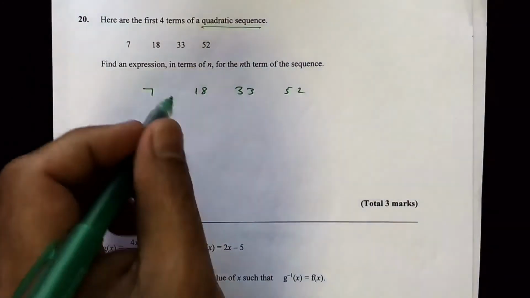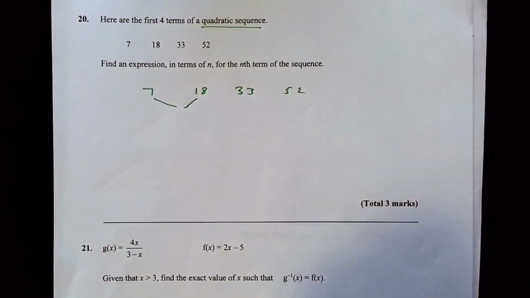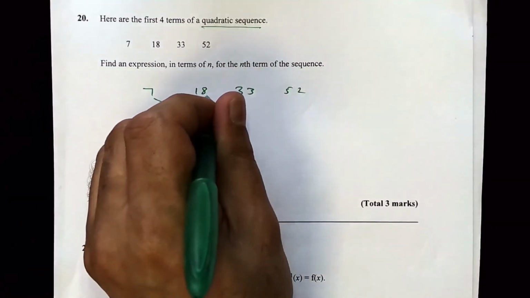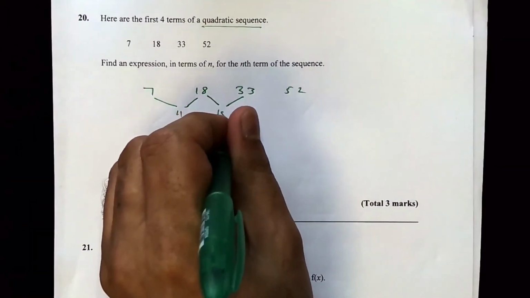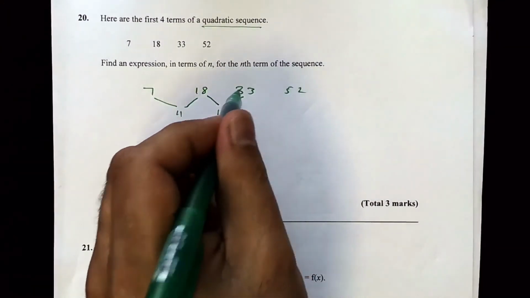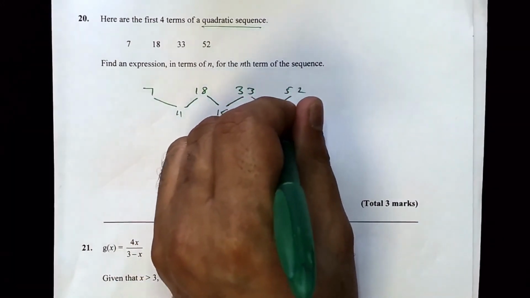I'm going to find the first difference. So 18 take away 7 equals 11. 33 take away 18, which is 15. 52 take away 33, which is 19.